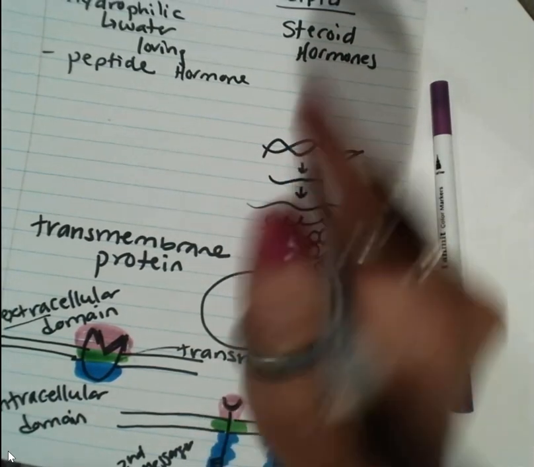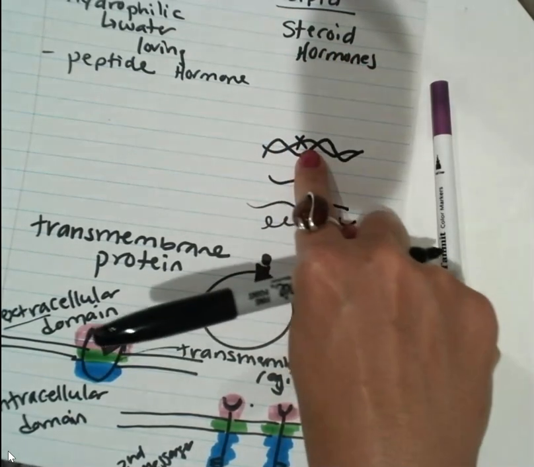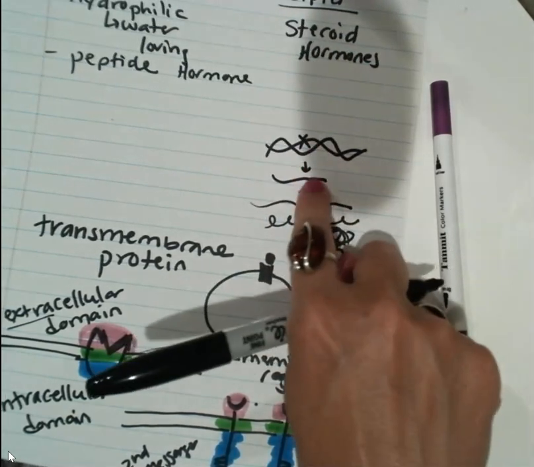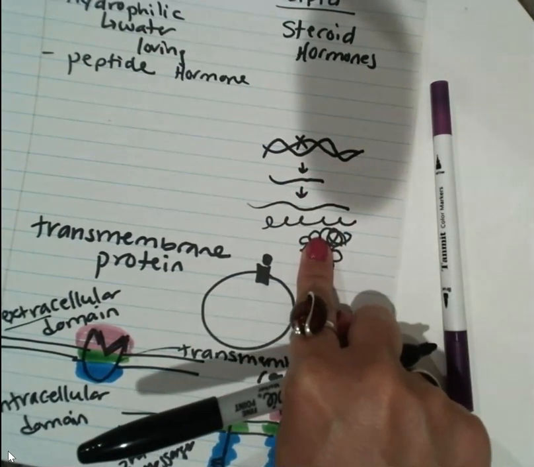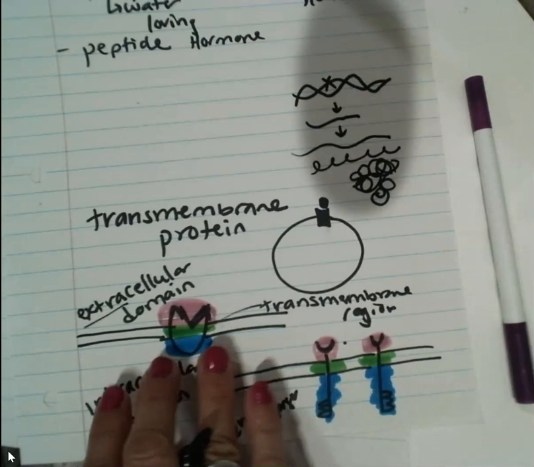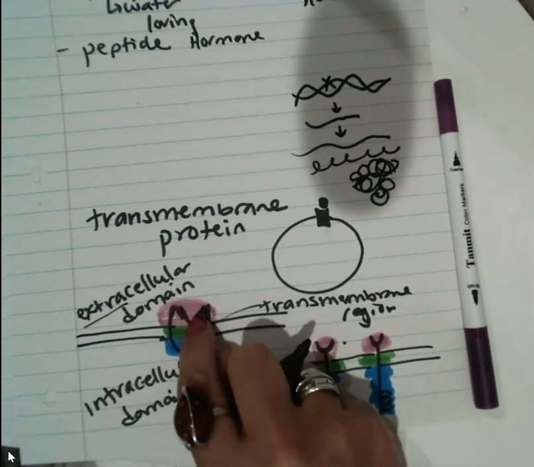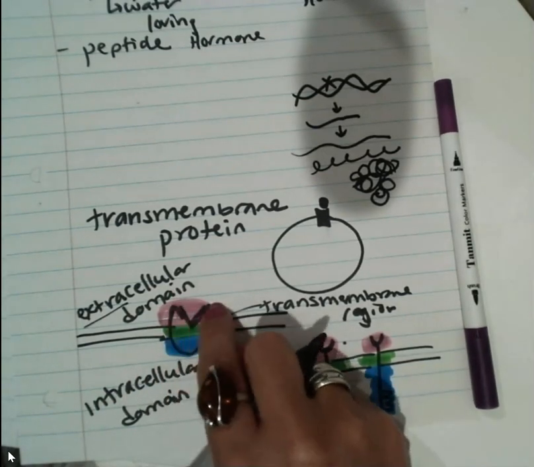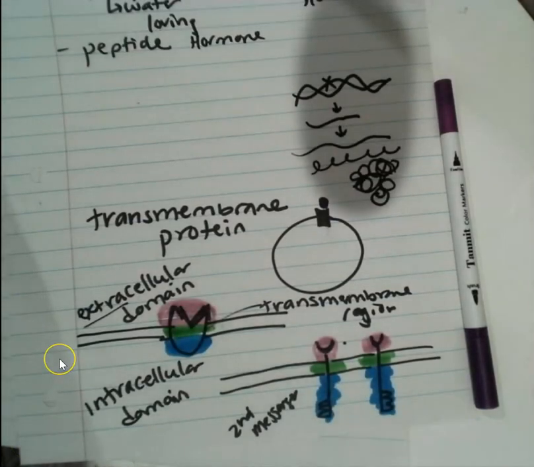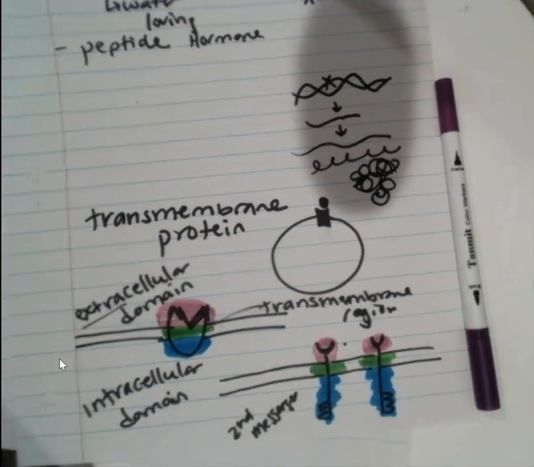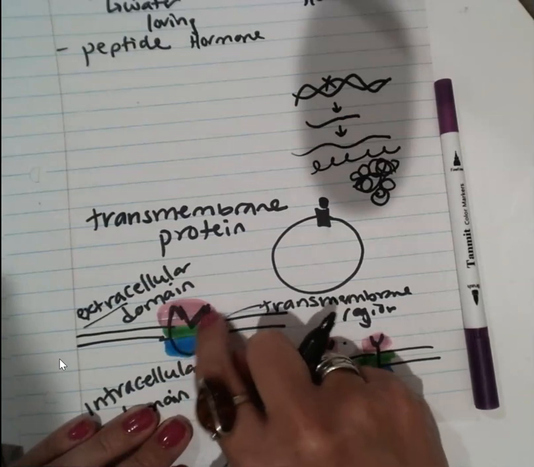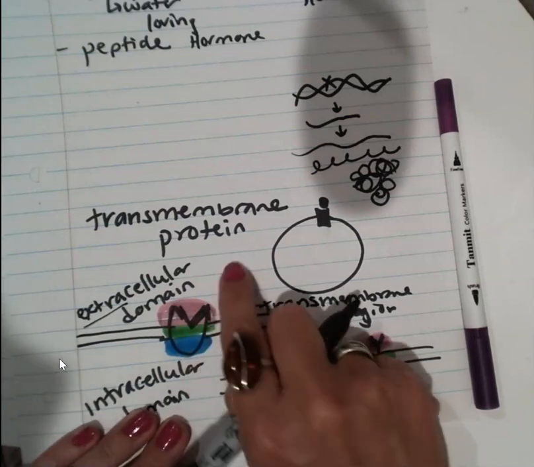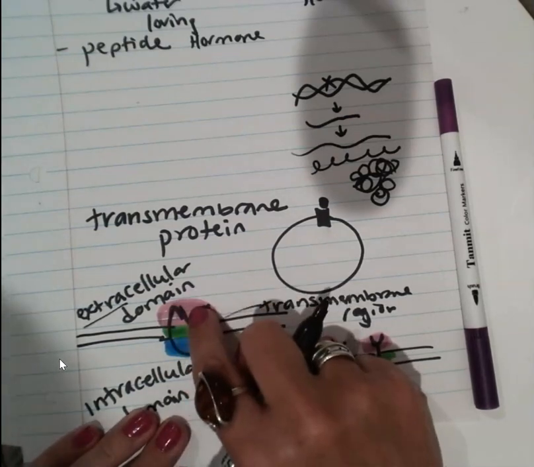So if a mutation occurs in the DNA, that could mean a different mRNA sequence and a different folding of that protein. If a mutation happened in this extracellular domain of the protein, now that ligand may not be able to attach.